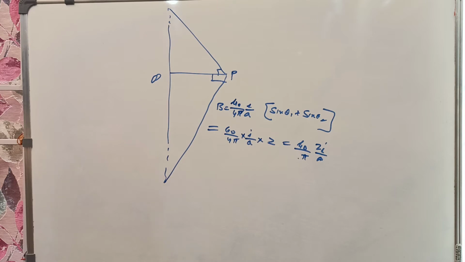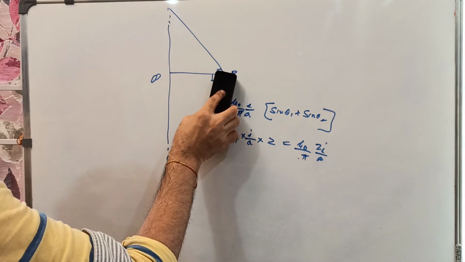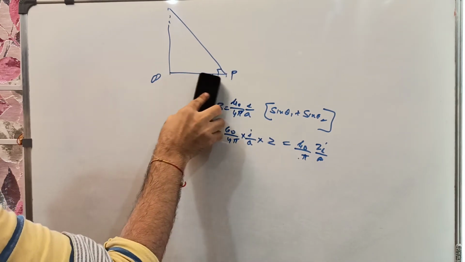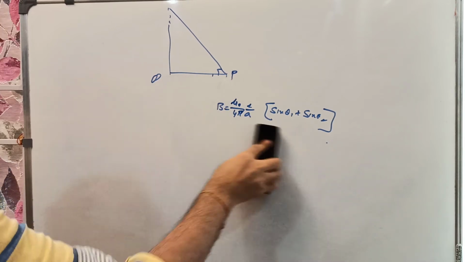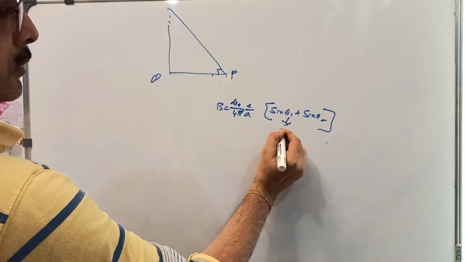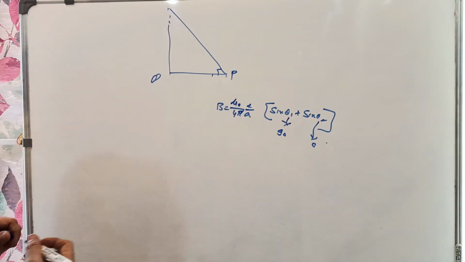Now similarly you can work out if the wire is something like this. If I wanted to change it, I can change it like this. If the wire is a semi-infinite wire, very simple, you can directly say that on one side the angle is 90 and on the other side it is 0.